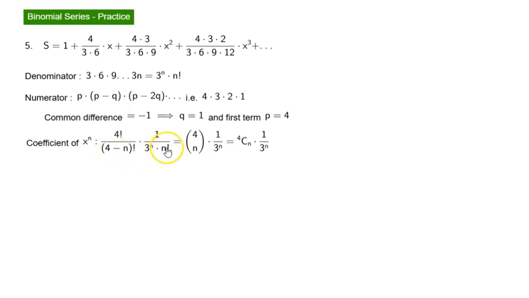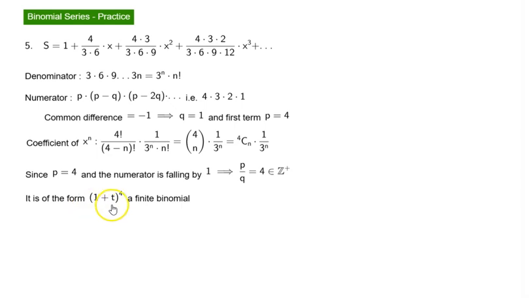Now, if we take n factorial along with 4 minus n factorial, we get 4 choose n times 1 by 3 to the power of n, which can also be written as 4Cn times 1 by 3 to the power of n. Since p is equal to 4 and the numerator is falling by 1, p by q is equal to 4, which is in positive integers.